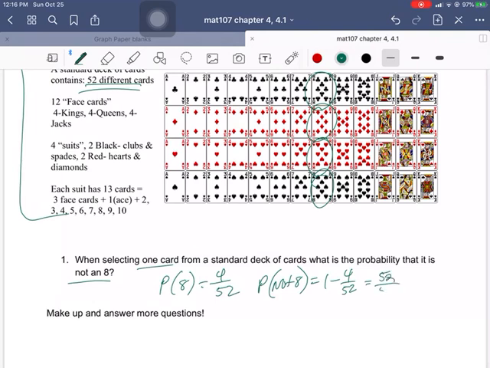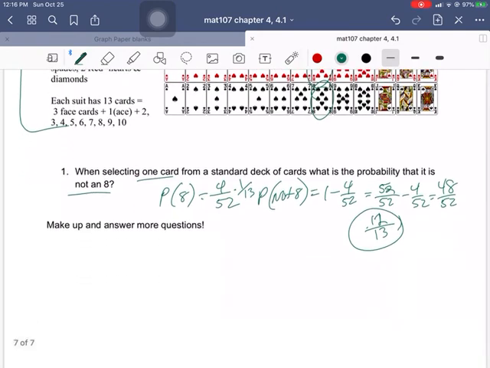If you want to do it by hand, 52 over 52 minus 4 over 52 is 48 over 52, which reduces to 12 over 13. You could reduce 4 over 52 to 1 over 13. So if the probability of getting an 8 is 1 out of 13, the probability of not getting an 8 is 12 out of 13, right?